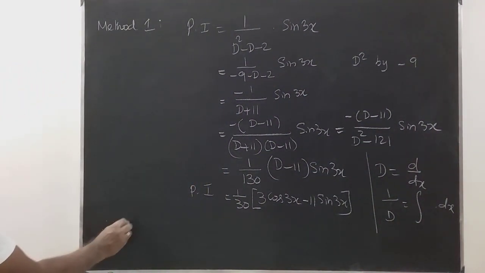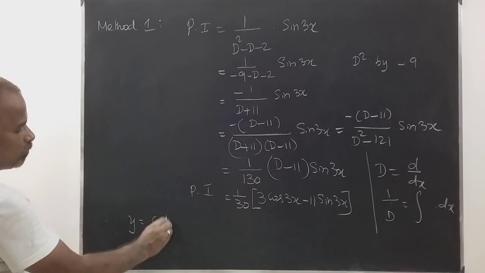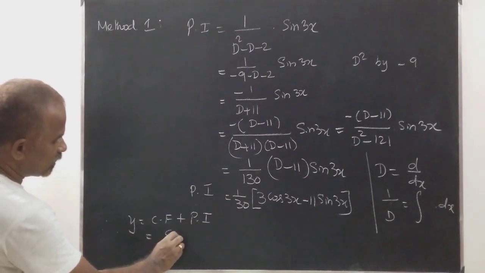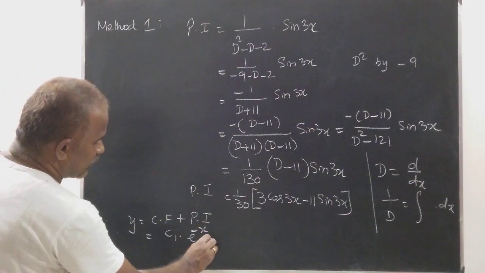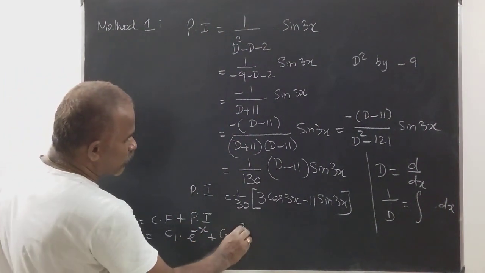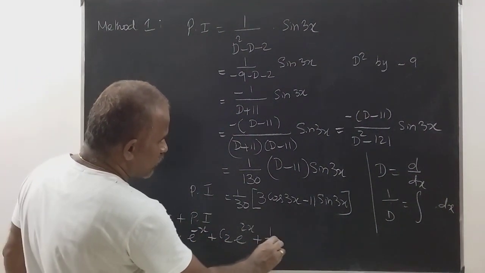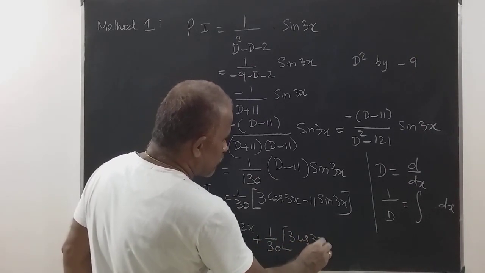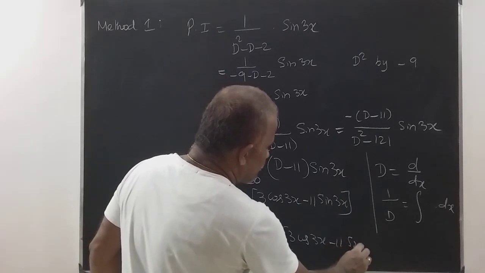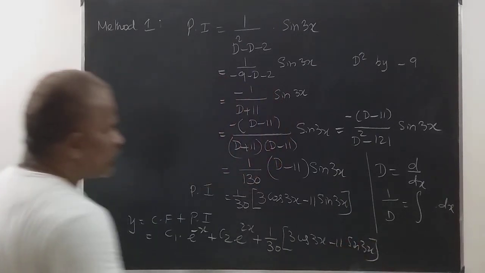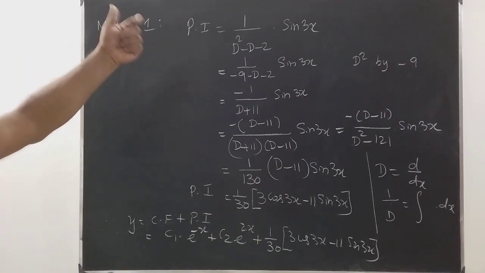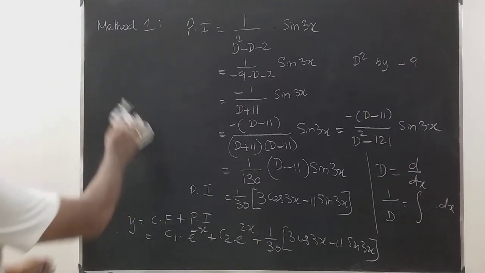Therefore the general solution y is equal to complementary function plus particular integral: c1 into e power minus x plus c2 into e power 2x plus 1 by 130 into 3 cos 3x minus 11 sin 3x. This is the first method, where d square is replaced by minus 9.